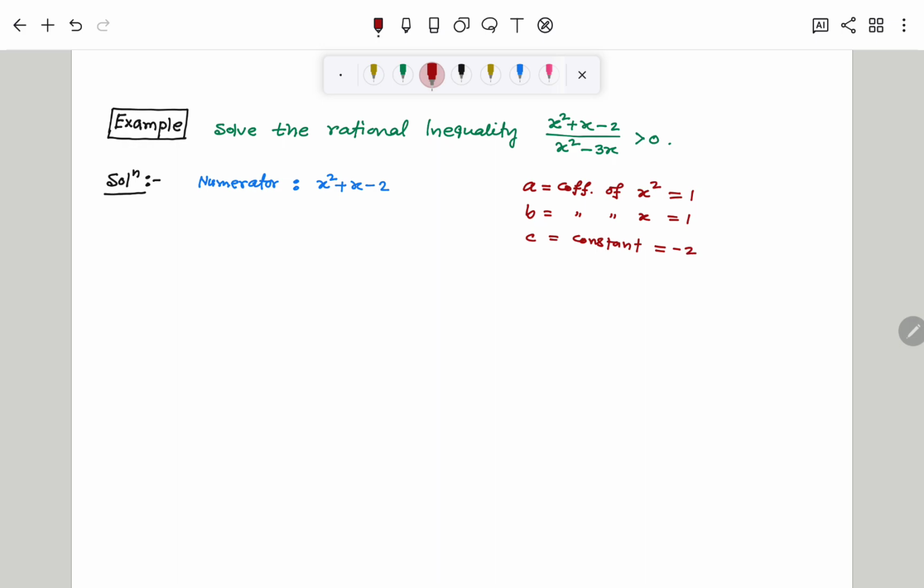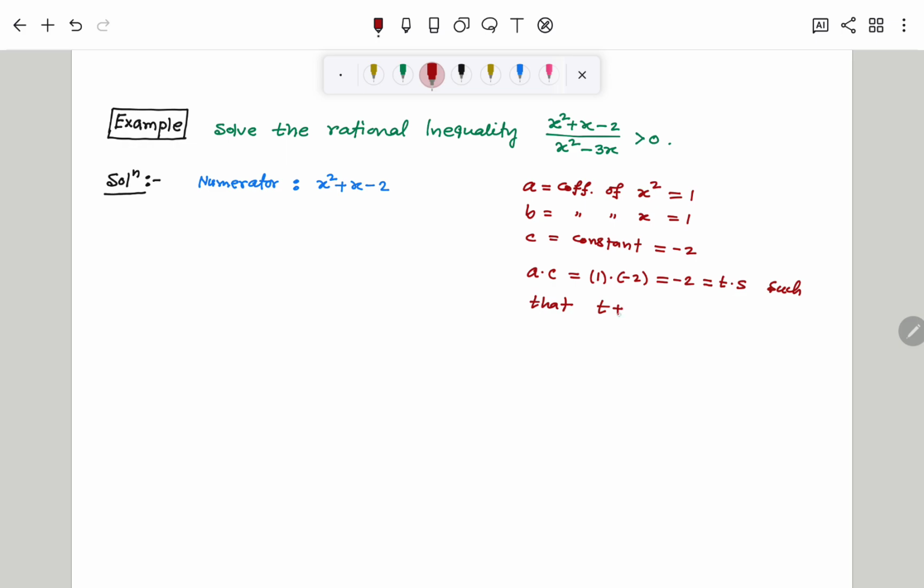Now what should we do? We first calculate A times C. So AC will be 1 times −2, which is −2. Now we will write −2 as the product of two numbers T and S, chosen such that the sum of the two gives the middle term, the coefficient of x.